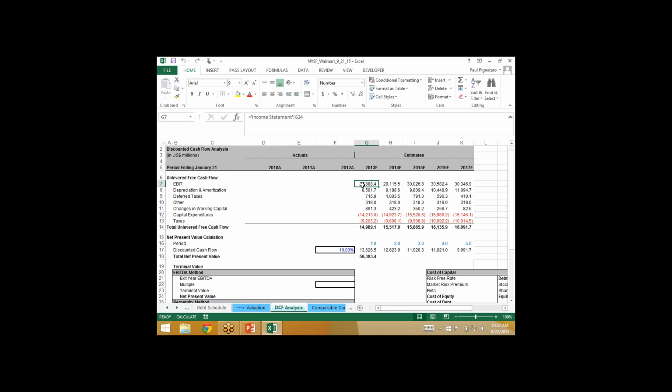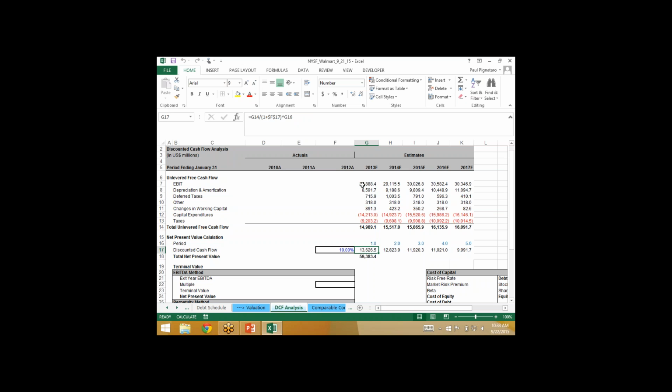Some people like to do the mid-year convention, which discounts the first year's cash flow by a half, second year by 1.5, third year by 2.5, and their thought process is, well, if you're discounting by one full year, you're implying that the cash is coming in one lump sum. And it might not come in one lump sum. It might trickle in over time, and if it does, discounting by a half a year kind of averages the flows in a way.